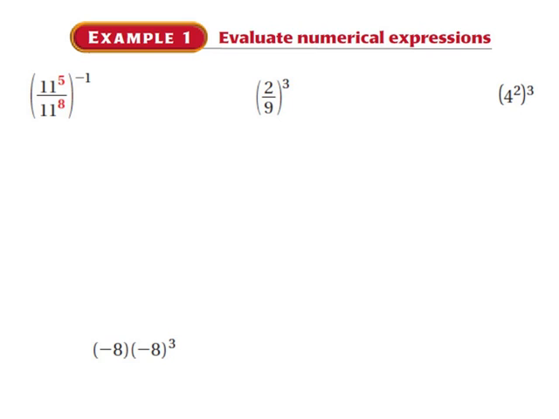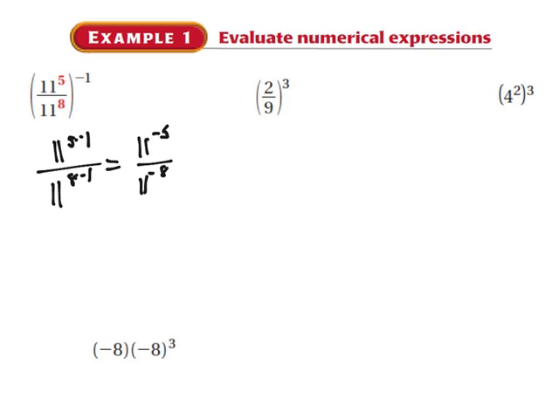All right, so let's do a couple of these. Again, we can reduce this right here. When we reduce this, first I'm going to get rid of that power on the outside. I'm going to multiply each one. So 5 times negative 1, 8 times negative 1, and I'm going to get 11 to the negative 5th over 11 to the negative 8th.